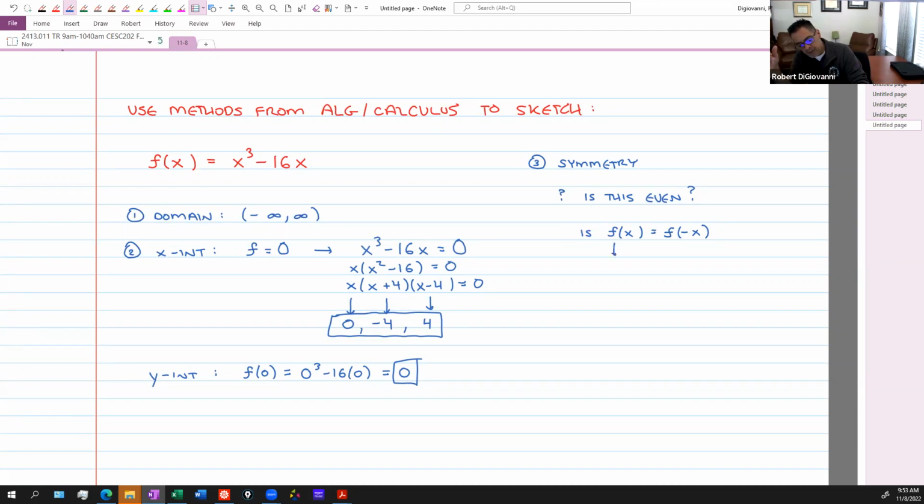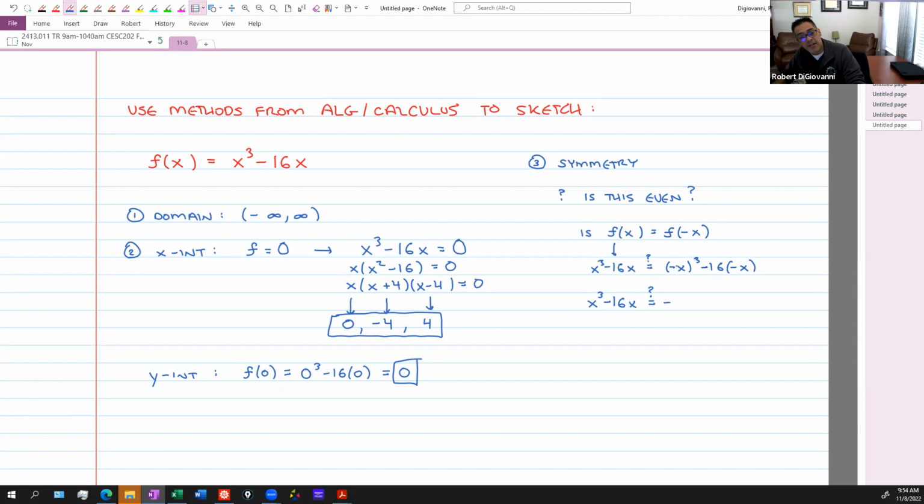Well, f of x is just x cubed minus 16x. Is that equal to negative x cubed minus 16 times negative x? So all I've done here is I've replaced all my x's with negative x. So x cubed minus 16x, is that equal to, well, what is negative x cubed? What's negative x times negative x times negative x?